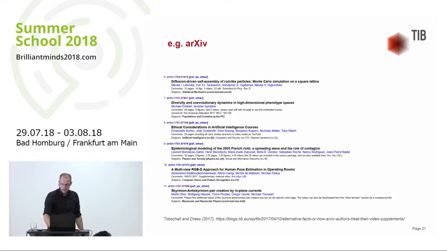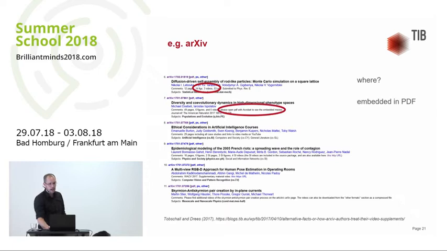If you see, the first one has videos, but they don't state where, and even if you open the article, you cannot find the videos. At least I couldn't. The next one has the videos embedded in the PDF, so you need a special viewer to watch these videos.